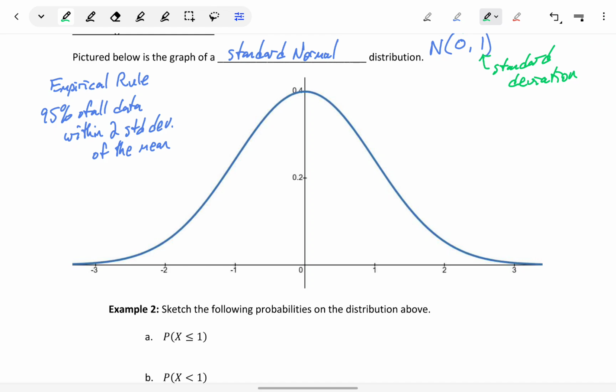So our mean is 0, x equals 0, the center of the distribution. What we're saying is that 2 standard deviations below to 2 standard deviations above the mean, that represents 95% of our data.